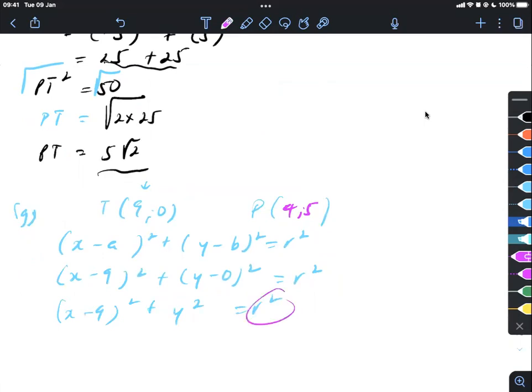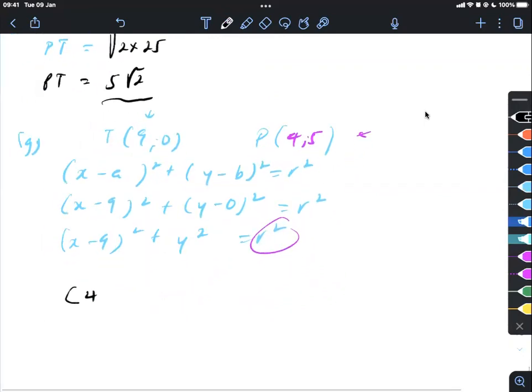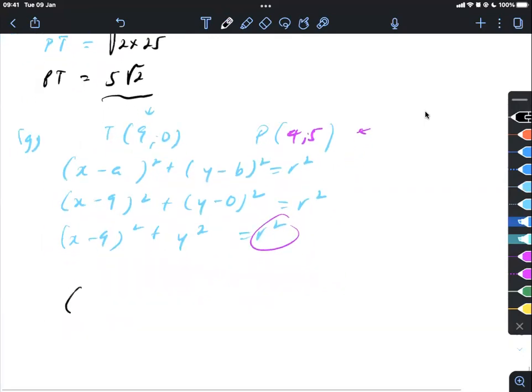Now that I have that, I need to find the value for r by substituting that point again. So that's going to be 4 for x, and then I'm going to minus a 9. We've already done that, kind of. So I'm just playing around here, but you should be getting 5 root 2 as your radius. All right. So 4 minus 9 squared plus y squared is equal to r squared.